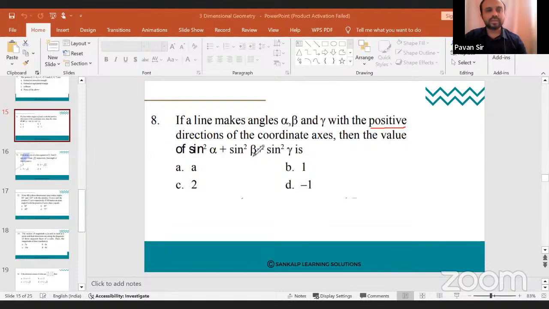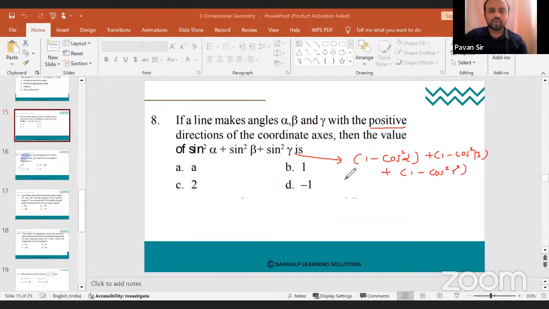Sine square alpha, sine square beta, sine square gamma. Use this equation. What is sine square alpha? According to the first year basic formula, sine square theta is 1 minus cos square theta. So it is 1 minus cos square alpha plus 1 minus cos square beta plus 1 minus cos square gamma.